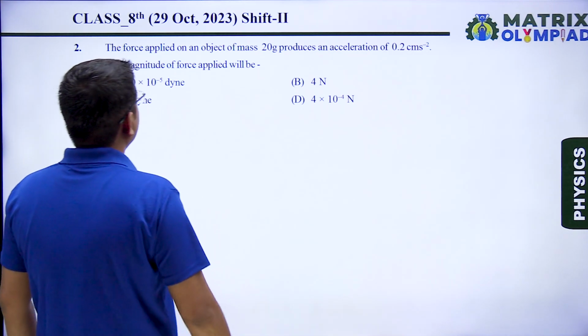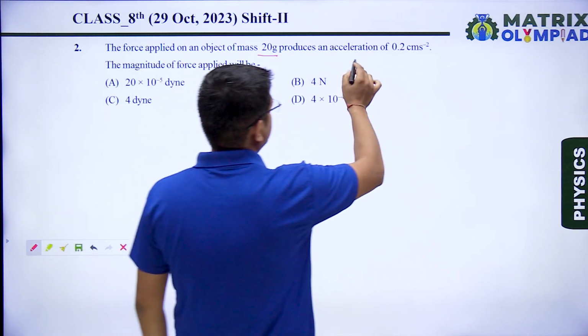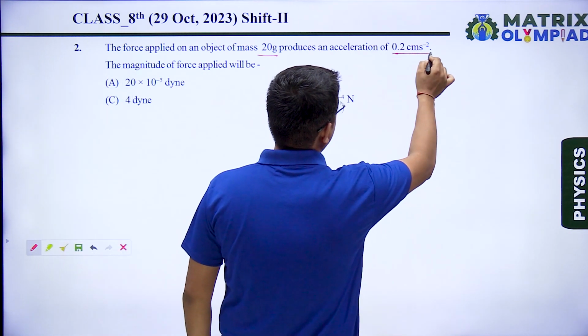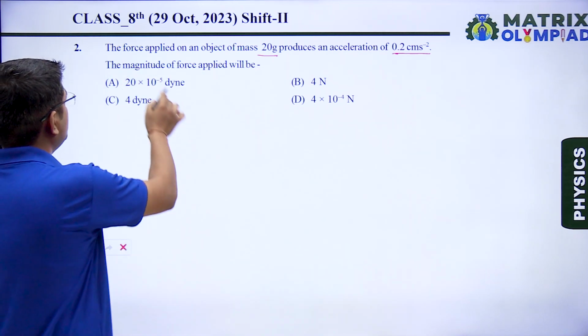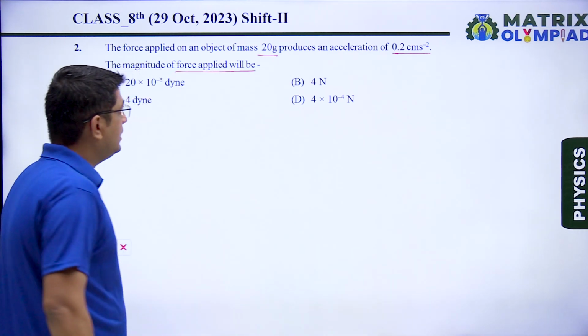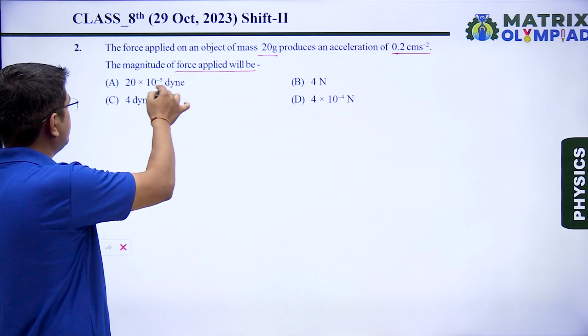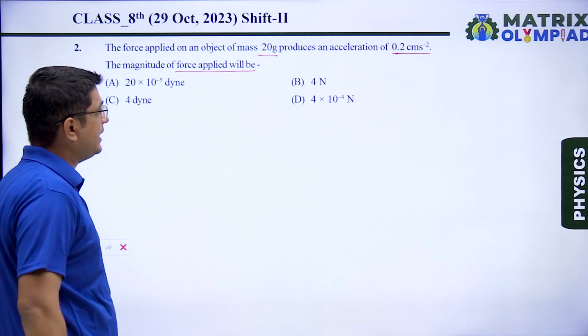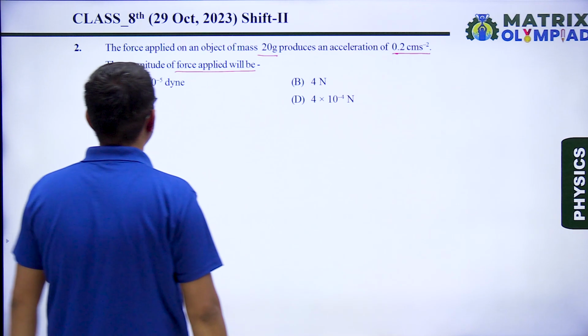A force applied on an object of mass 20 grams, value is given in CGS system, produces an acceleration of 0.2 centimeter per second square, this is also in CGS system. The magnitude of force applied will be, and we can see here in two options the unit of force is dyne and in 2 it is given in SI system. So let us check.